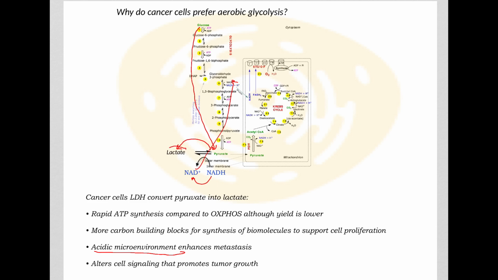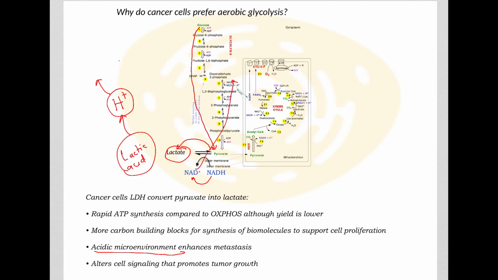Now, lactate is really lactic acid. This is an acid. So by generating lactic acid, the cancer cells are basically producing acid. And remember, acid can denature proteins nearby.